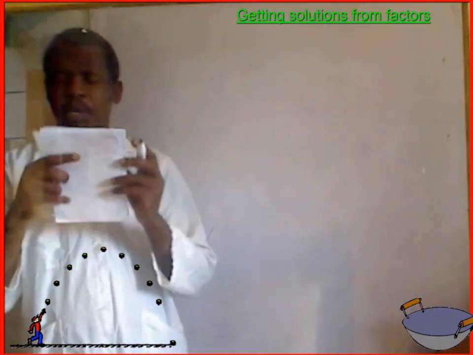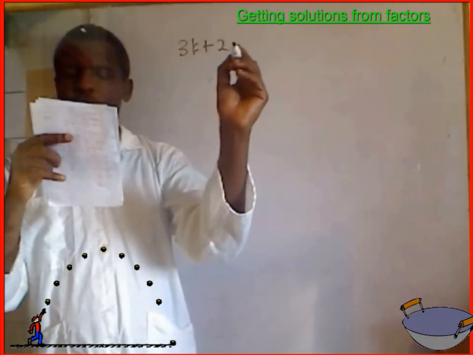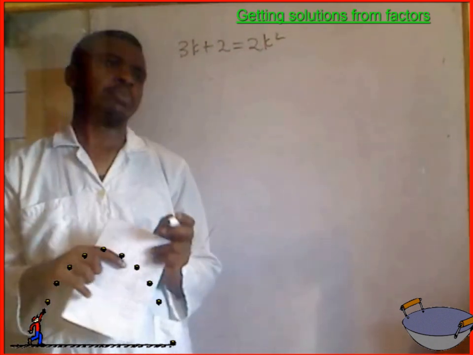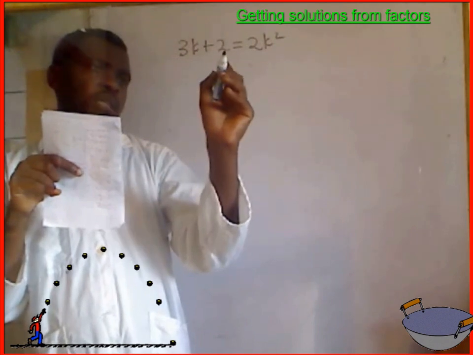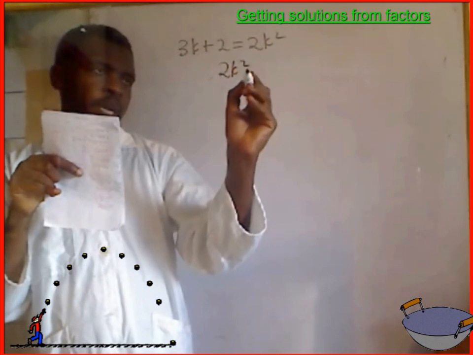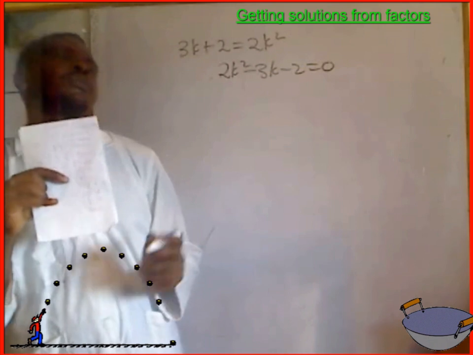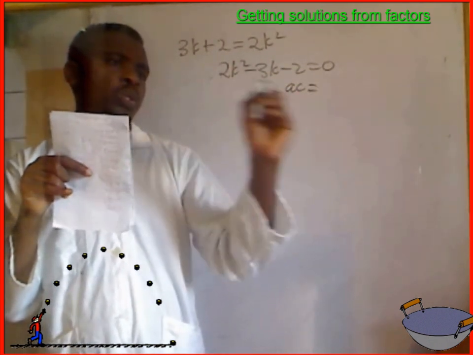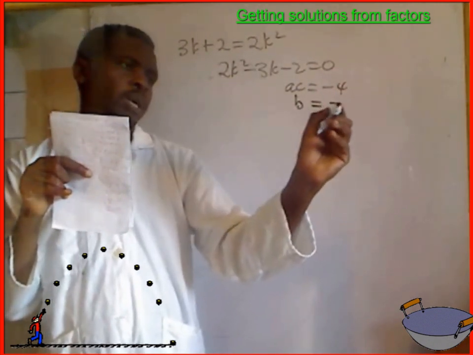If we're given this problem here, 3k plus 2 is equal to 2k squared. This equation has to be rearranged before we start solving. I'll take 3k and plus 2 the other way. So this will give me 2k squared minus 3k minus 2 is equal to 0. From here, what is our product of roots? AC, which is 2 times minus 2 gives me minus 4, and sum of roots b gives us minus 3.